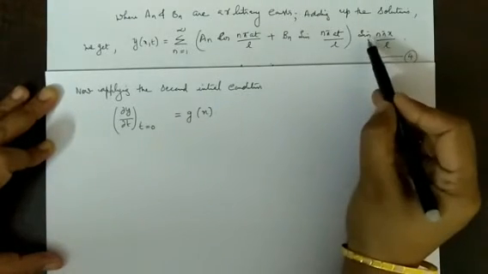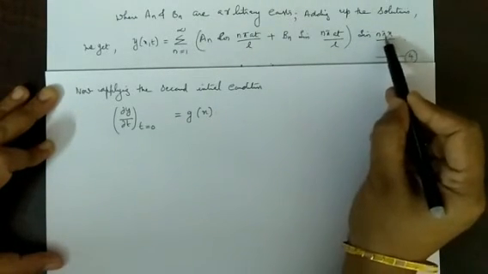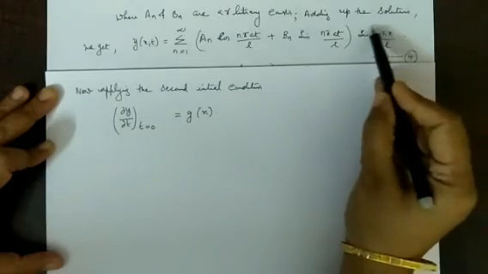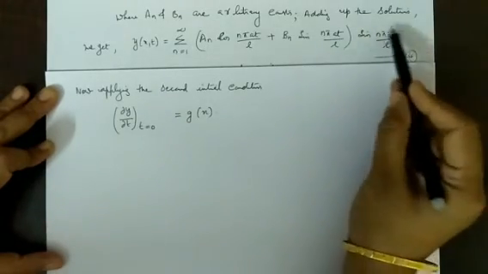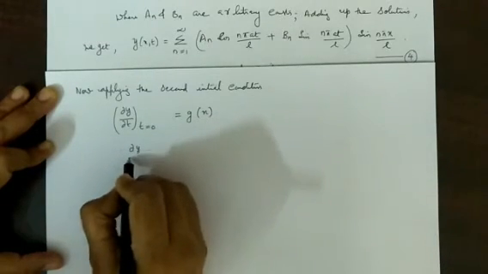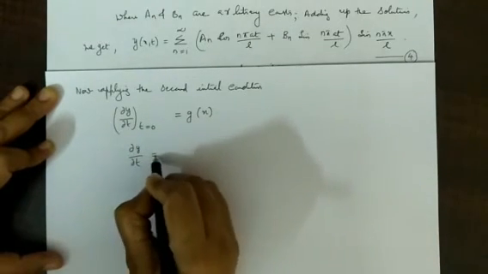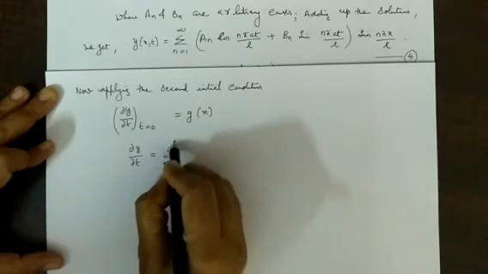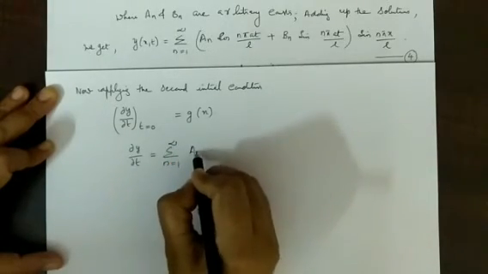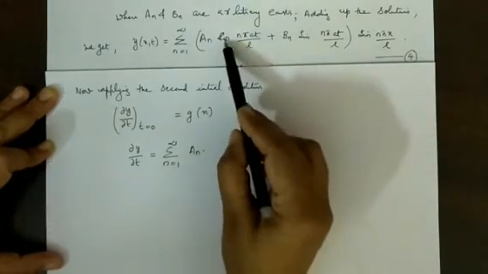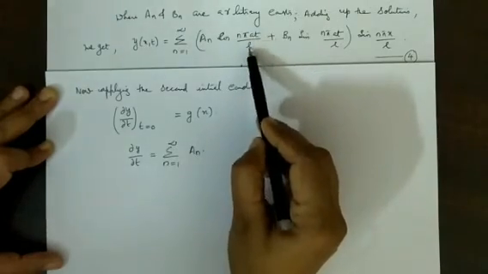Here we have sin(nπx/L), which does not contain the term t, so it will be a constant. Therefore, ∂y/∂t is equal to sigma n equal to 1 to infinity, an constant in the term cos(nπat/L).